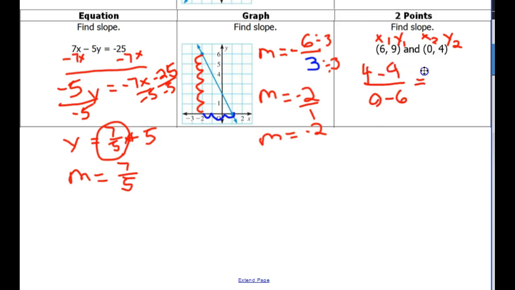So 4 minus 9 gives us negative 5. 0 minus 6 gives us negative 6. Two negatives make a positive, so positive 5 over 6. That's how we find slope. So let's go on to a graph then.